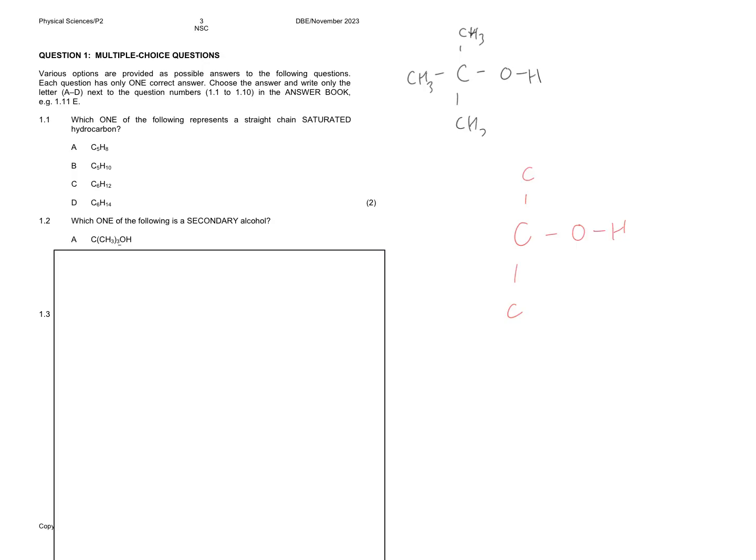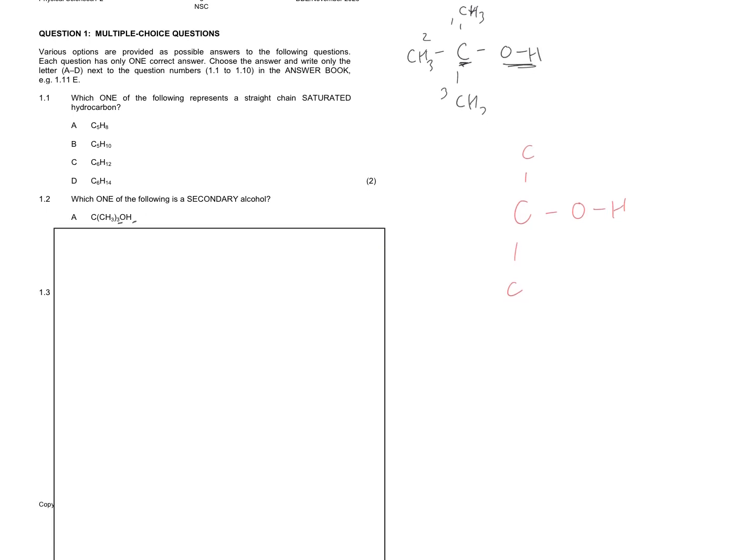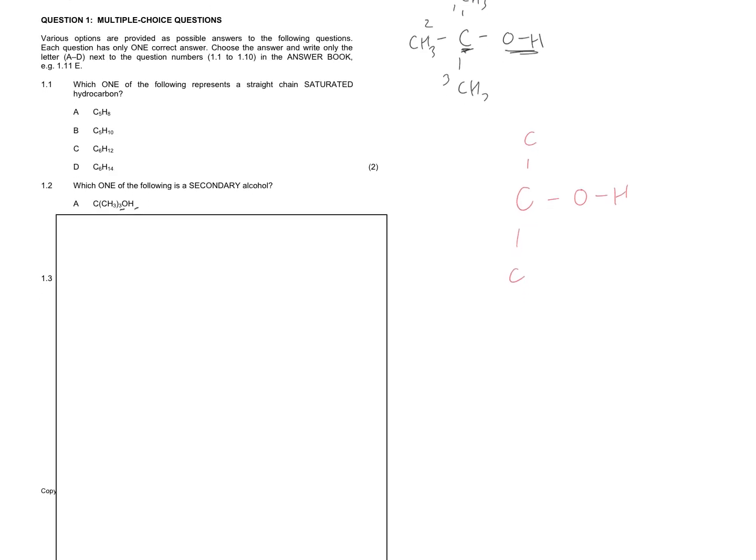This one carbon has 4 things bonded to it because carbons need 4 bonds. So the carbon that the OH is attached to has 3 other carbons. It's not that one. Secondary means that the carbon that the OH is attached to has 2 other carbons.